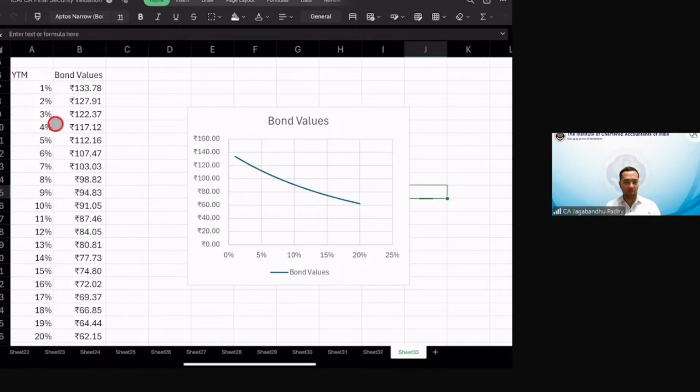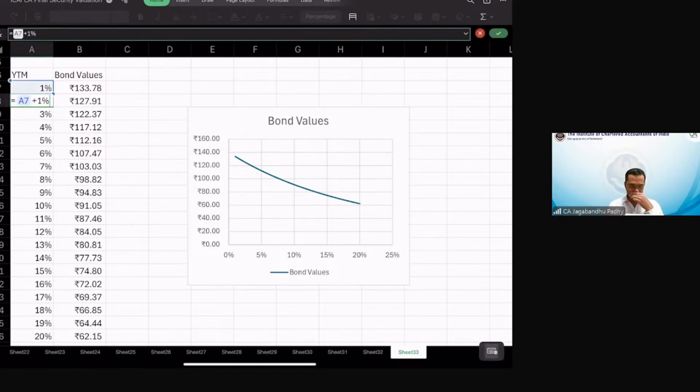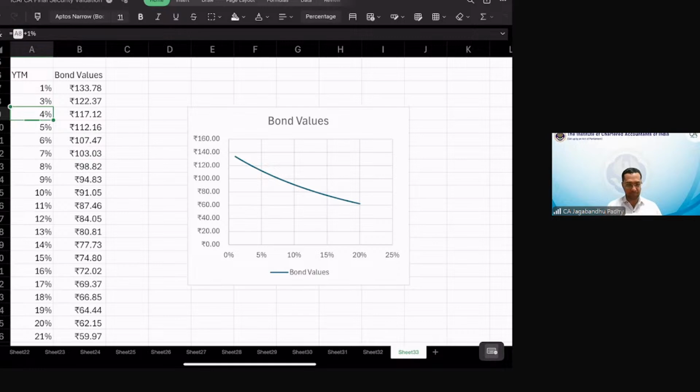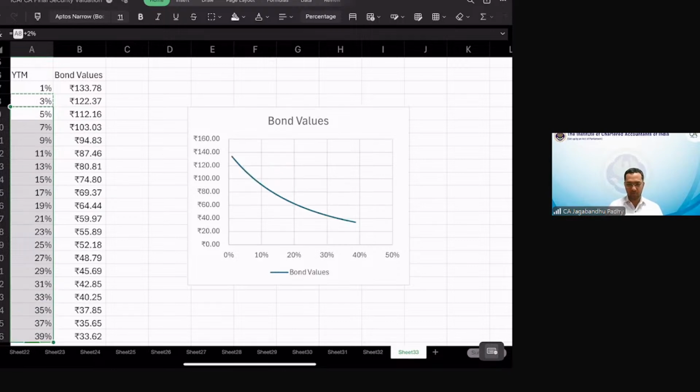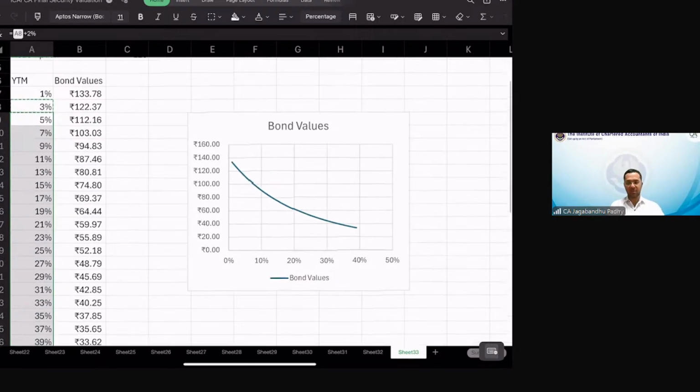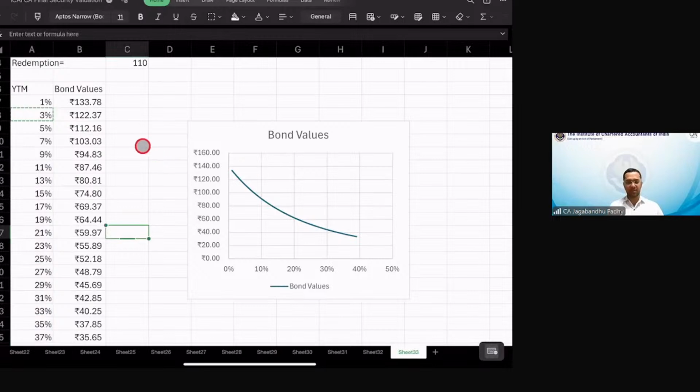Now you can give the visual effect more by taking a 2% difference every time. So if I take a difference of 2%, now you can see the curvature is more prominent, like 1%, 3%, 5%.